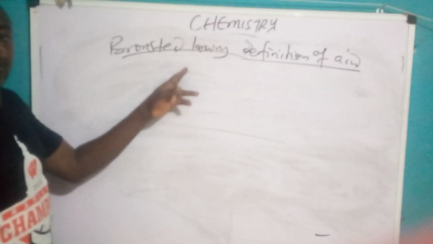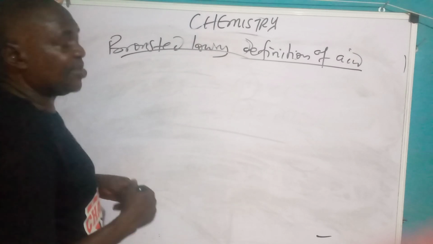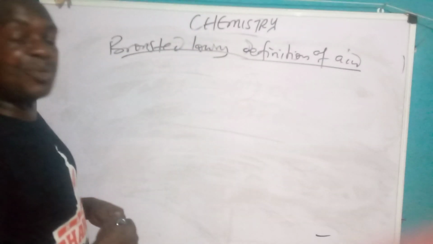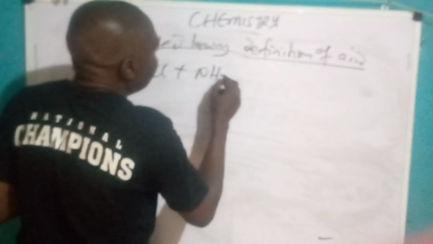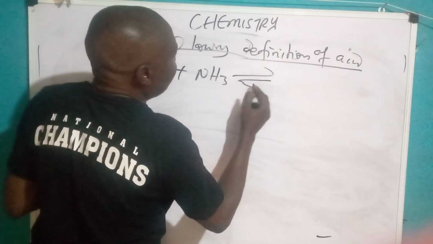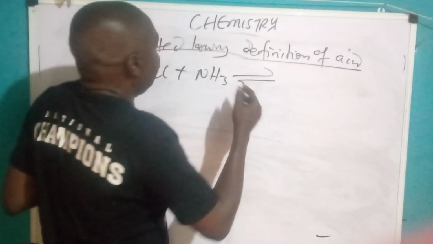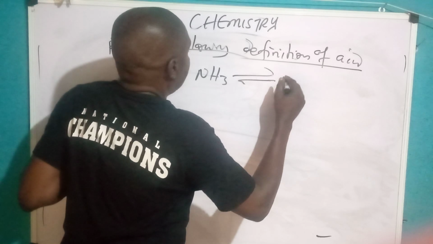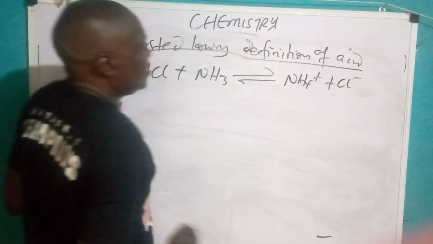But actually, they are two separate scientists, but they worked together. So, according to the Bronsted-Lowry definition, an acid is a proton donor. HCl, for example, plus NH3, to give you a reversible reaction, a reaction that can proceed both ways when the conditions are changed, to give you NH4+ Cl-. You can see it.